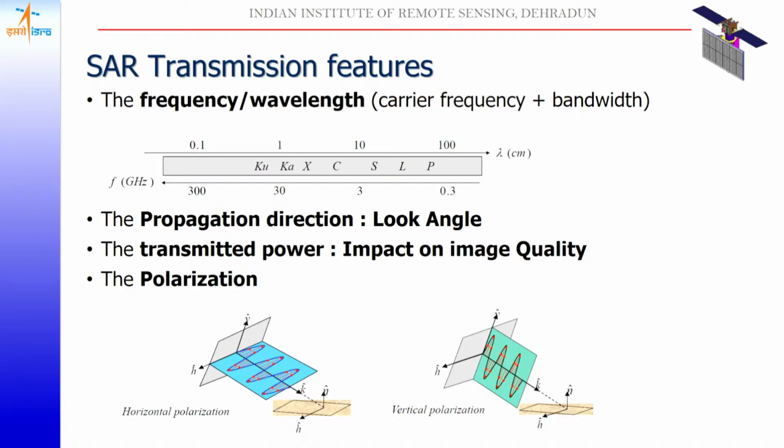It is 10 degree, 30 degree or 40 degree. Depending on the application we have to decide the look angle, because in SAR we have layover, shadow and foreshortening, and these vary depending on the look angle.